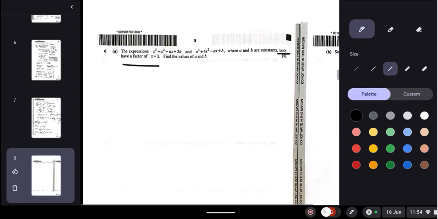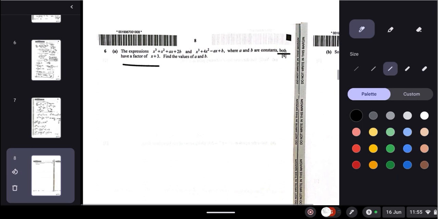Both have the same factor, so there's no different factors for different equations. So you only need to use one factor. You don't need to prove it as a factor. Some questions need you to prove it as a factor, but this one just tells you straight away that it's a factor. So you don't need to do anything.